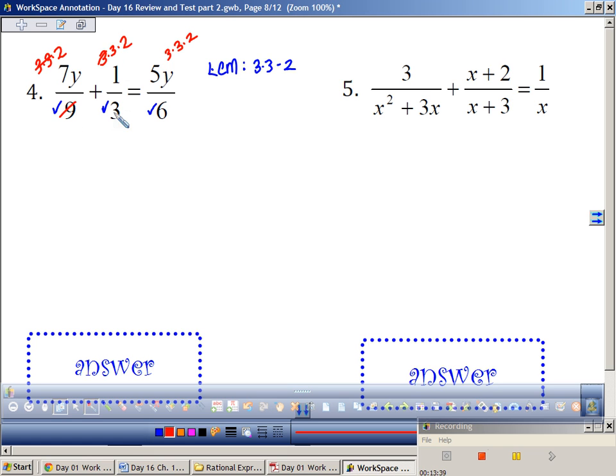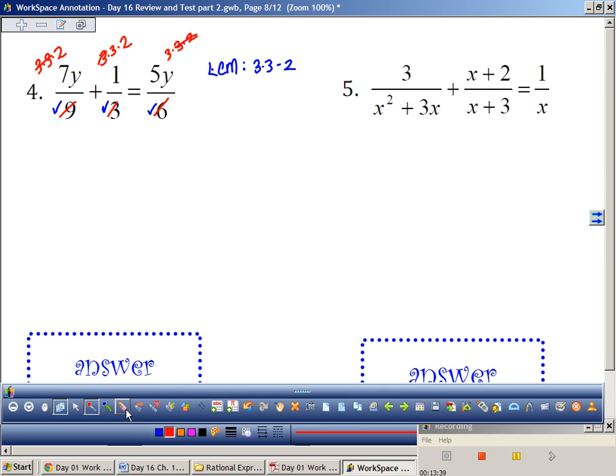What cancels here? 3 and 3. What cancels here? 3 and 2 and the 6. So I don't have a denominator anymore, correct? All right, what am I left with?